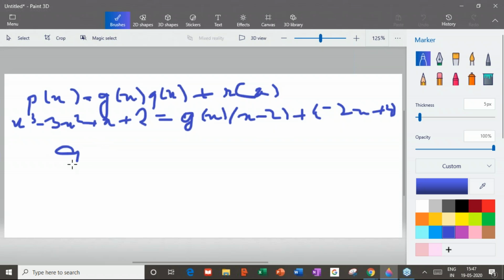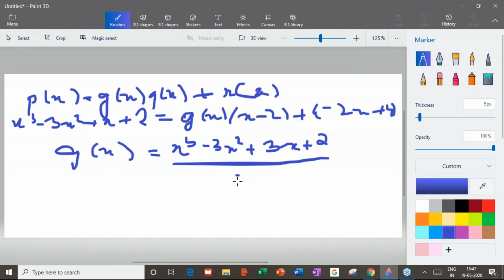So when you solve this after opening the brackets and transferring the terms to the LHS and all, you will get g of x as something like x cube minus 3x square plus 3x plus 2 divided by x minus 2. Okay, so now again you've got something.